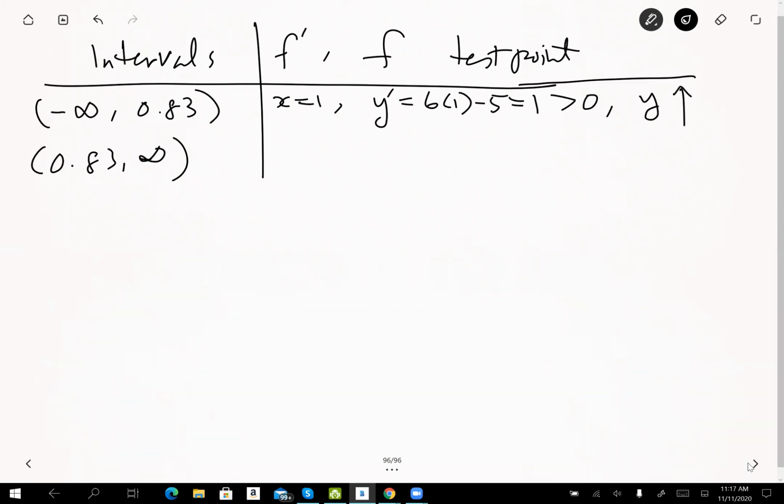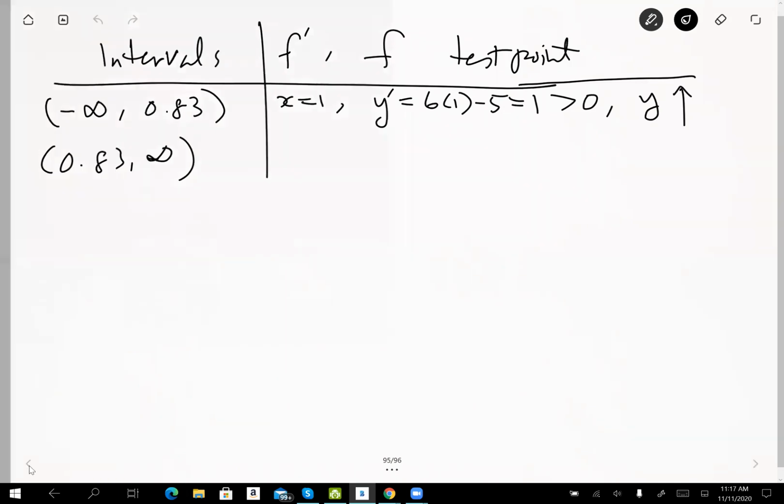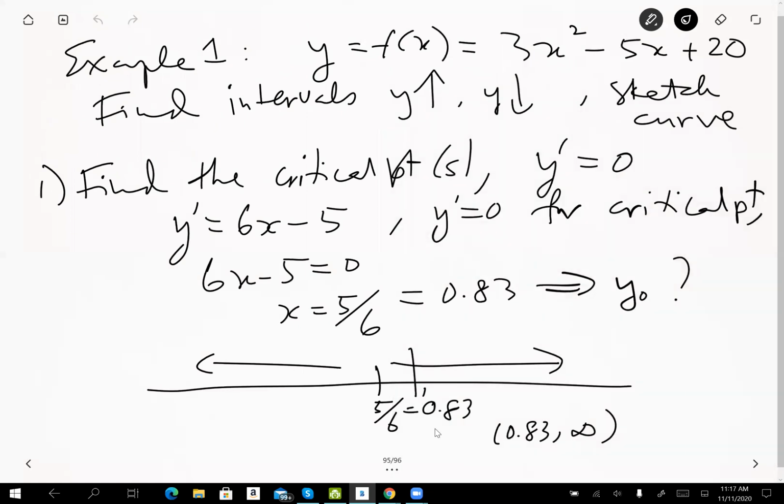Okay. Now, go back to the other interval, negative infinity to 0.83. What test point do you want? 0. Good, clever.